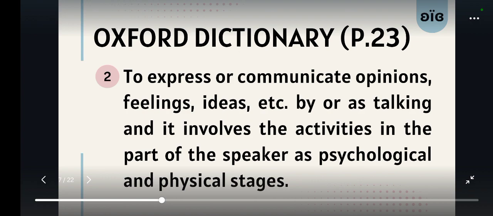It is used to express opinions, feelings, or ideas or thoughts. And when it comes to speaking, there is not only a physical process wherein we use our mouth and our tongue, but also psychological or cognitive and emotional stages and mental processes that we undergo in order for us to have very concise, clear, and clean speaking activities, right?